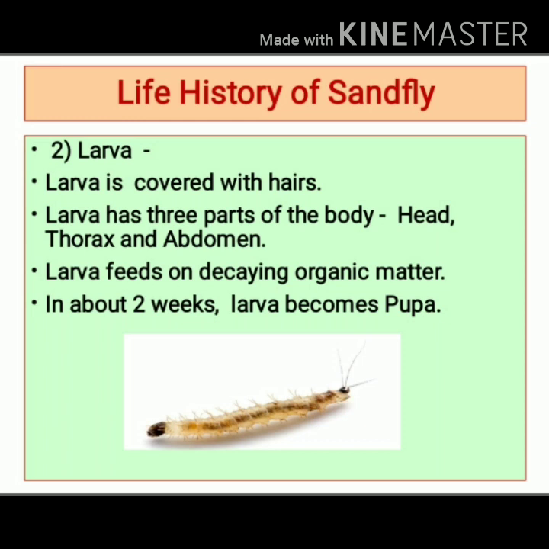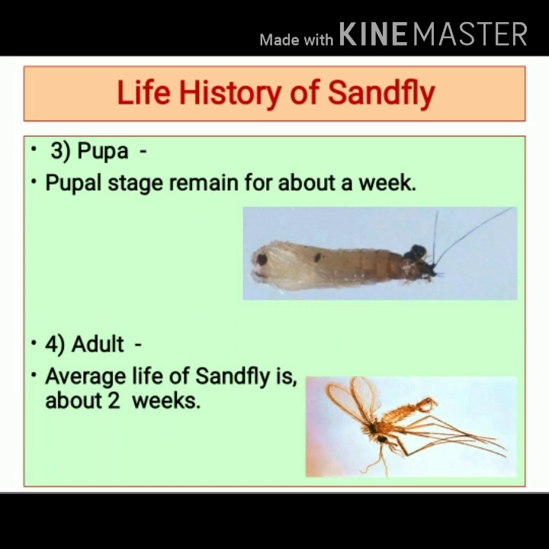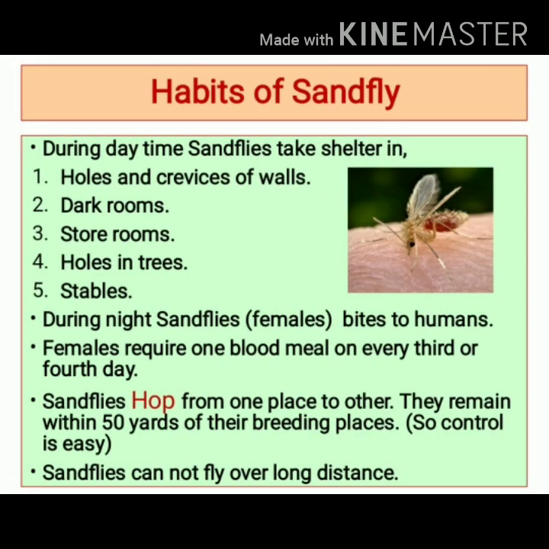Larval stage remains for about 2 weeks, and in 2 weeks larva develops into pupa. Third stage is pupa, and pupal stage remains for about 1 week. In 1 week, pupa develops into adult form. What is average lifespan of sandfly? It is only 2 weeks.